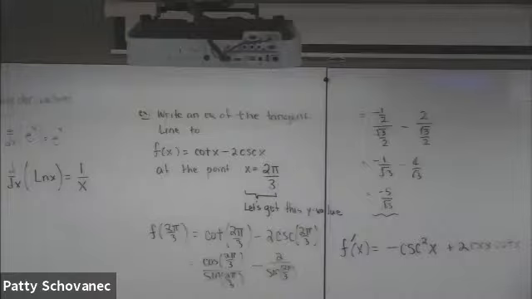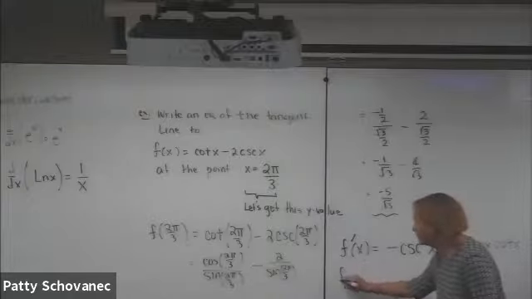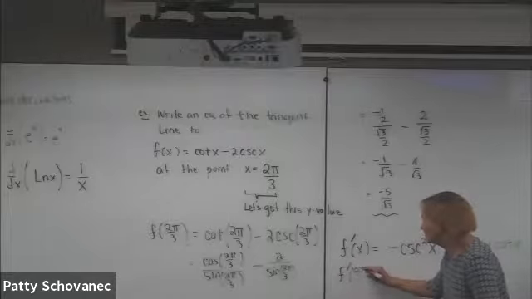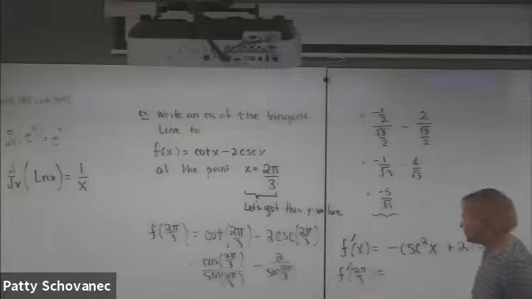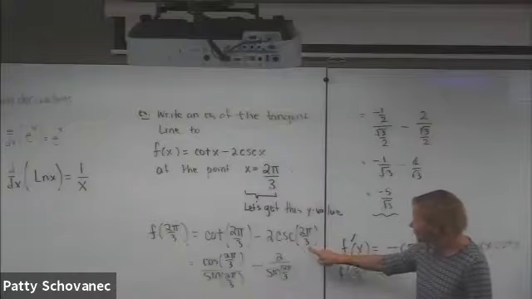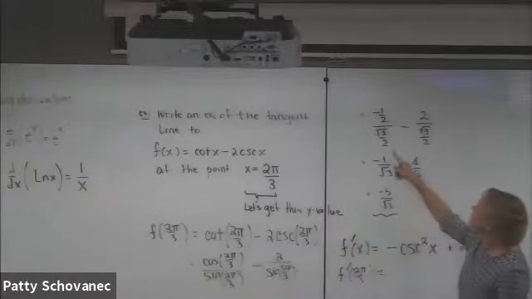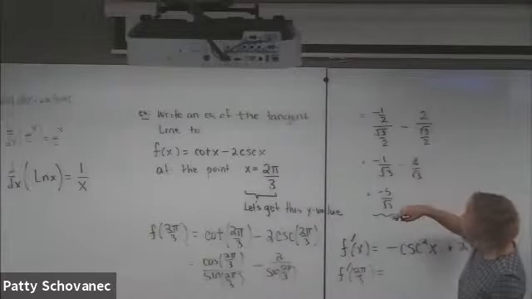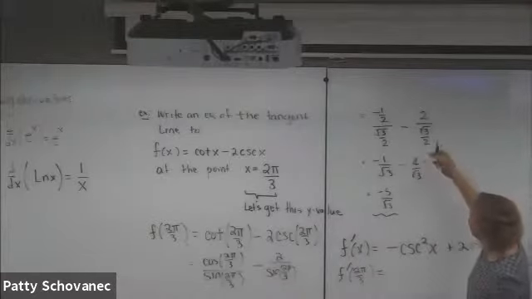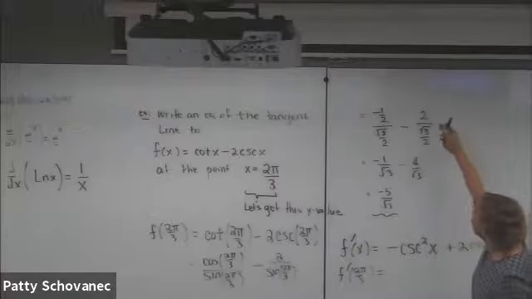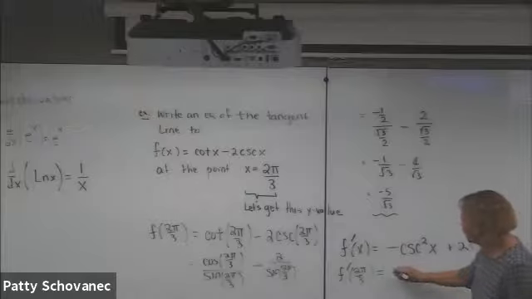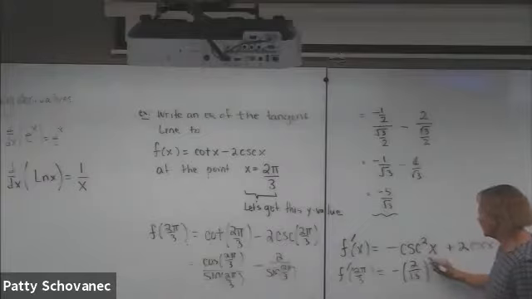Now we have to evaluate that when x is 2 pi over 3. So we found the cosecant of 2 pi over 3. The cosecant of 2 pi over 3 was 2 over the square root of 3. So I got a minus, this is going to be 2 over the square root of 3, and then it's squared.